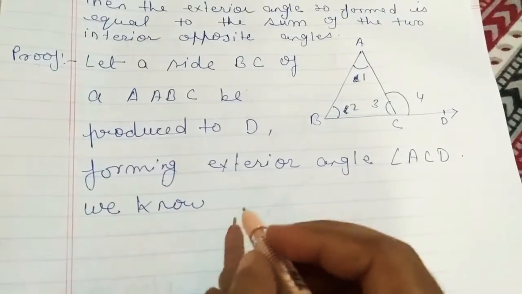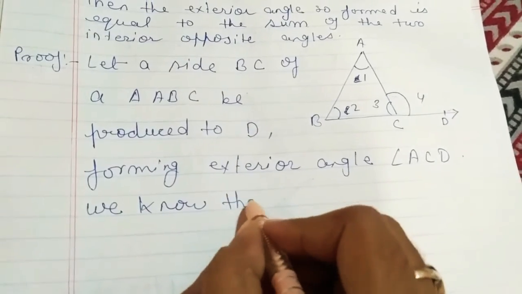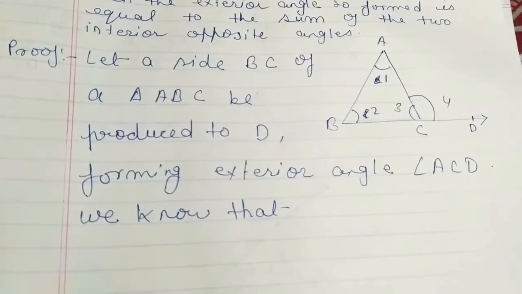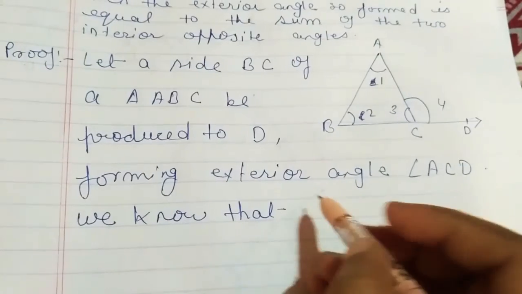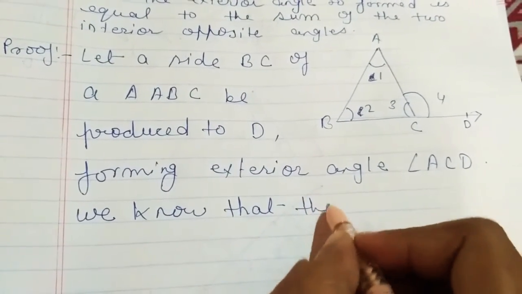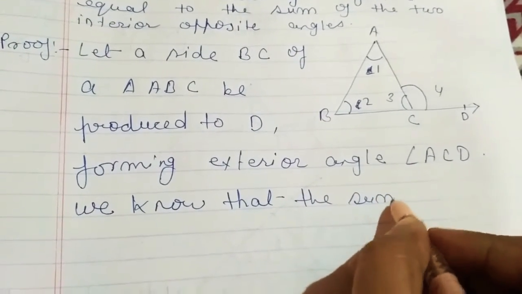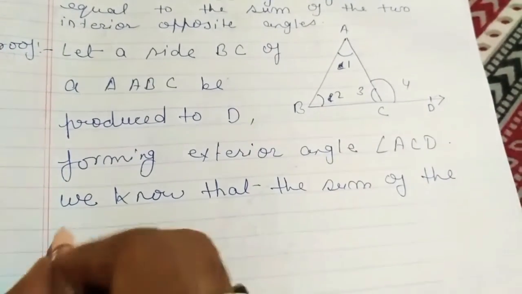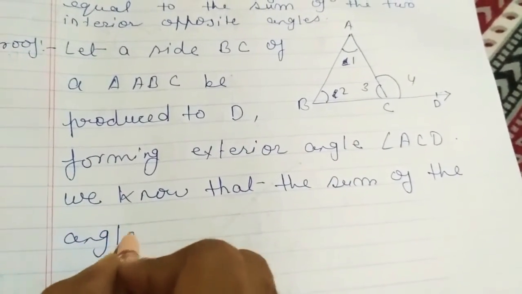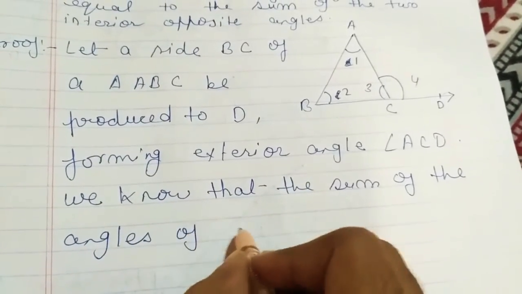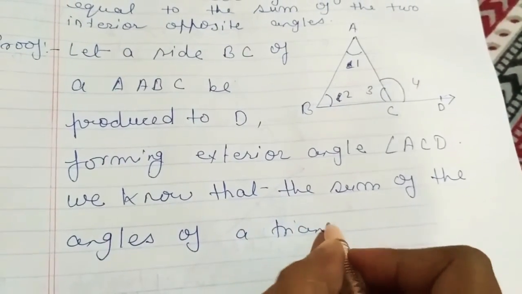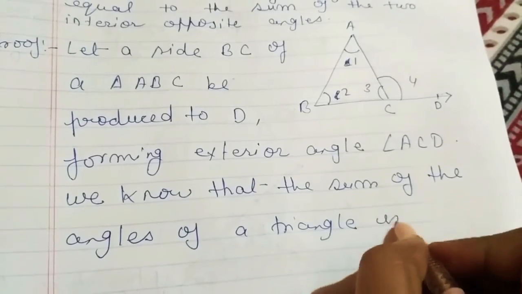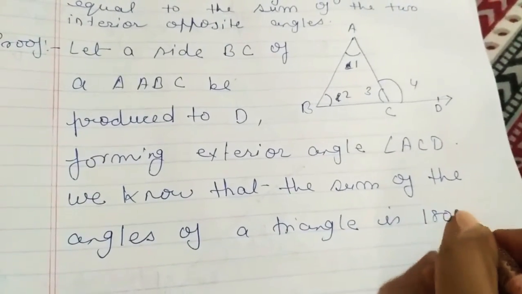So just write down your knowledge here, that the sum of the angles of a triangle is 180 degree.